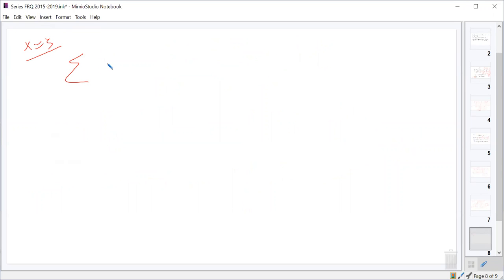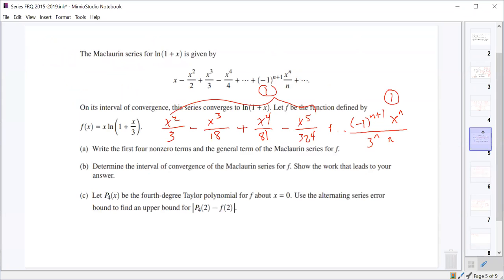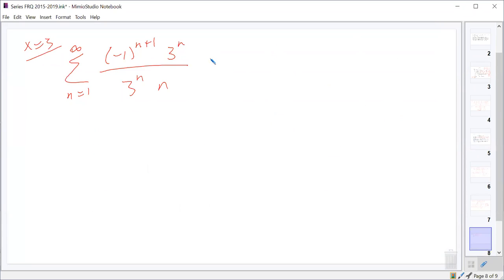We've got the sum from n equals 1 to infinity of -1 to the n plus 1, 3 to the n over 3 to the n times n. Is that right? Yep, looks like that's right. Which becomes what series?